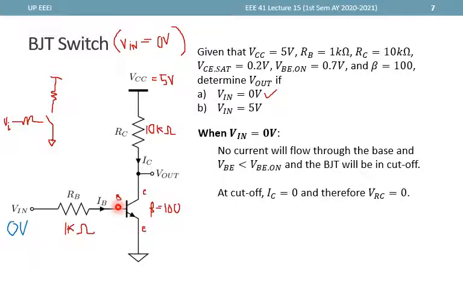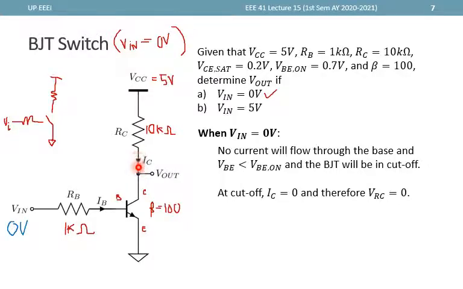Then most likely this BJT is in the cutoff region, since the 0 volts will most likely not be able to provide the 0.7 to turn this on. And for cutoff, our model is that this is basically an open circuit. So IC is equal to 0.